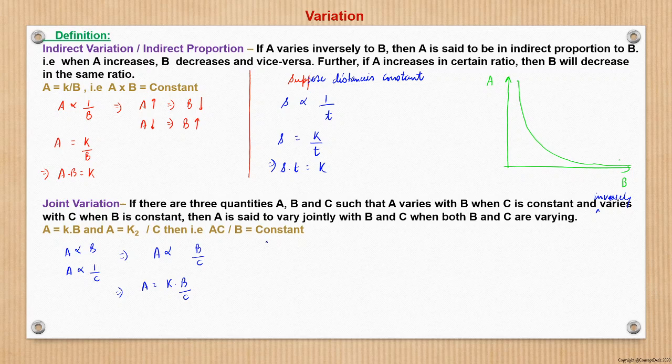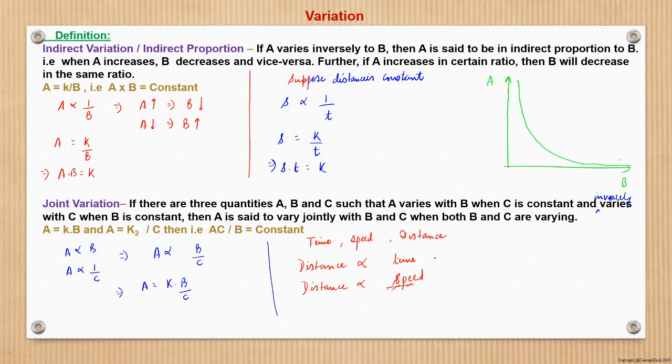So a typical example would be time, speed, distance. So what happens? Distance directly varies with time, and distance covered directly varies with speed also.